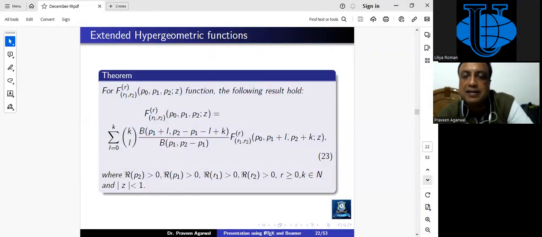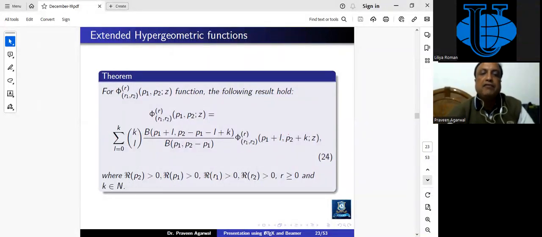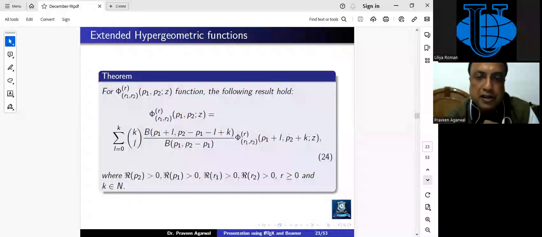This is an interesting result in which the right hand side has the summation formula between the extended Gauss hypergeometric function and the classical beta function. In the same way, we can develop an interesting theorem for the extended confluent hypergeometric function, which holds true, and it is a summation of the classical extended beta function and the extended confluent hypergeometric function.